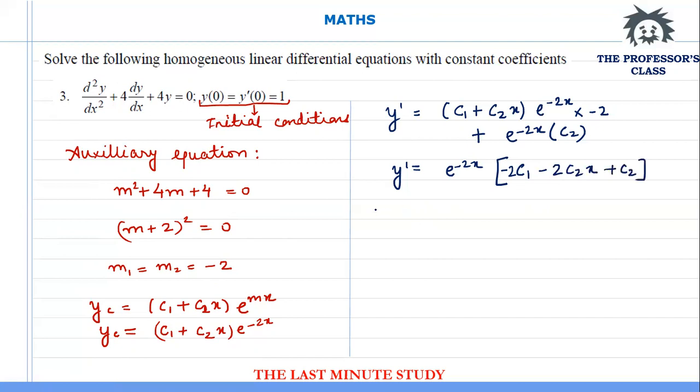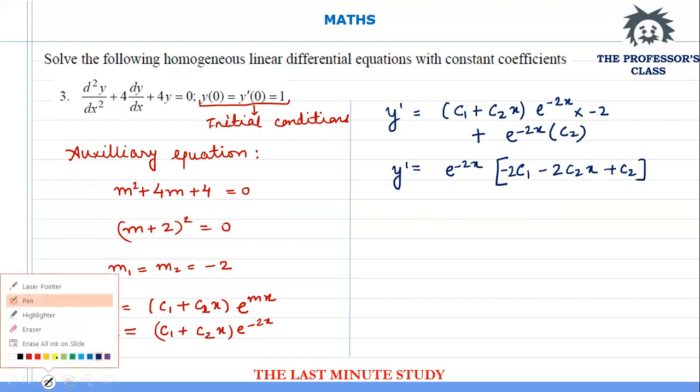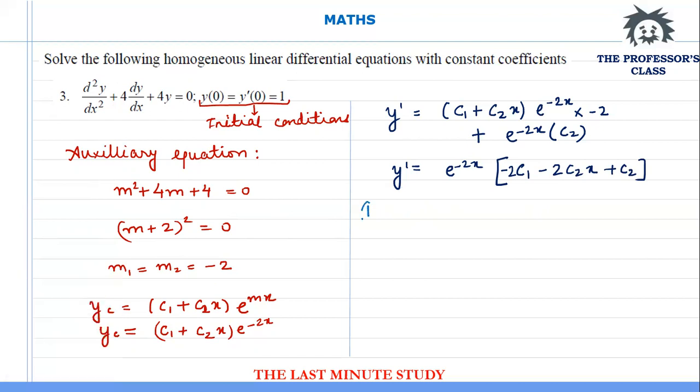Now I have two equations and two initial conditions. I'll be using them one by one. The first initial condition says that y of 0 is 1. So this is the equation of y. I'll be substituting the value of x equals to 0 over here. So I'll be getting c1 plus c2 multiplied by 0, multiplied by e raised to the power minus 2 into 0, is equal to 1.